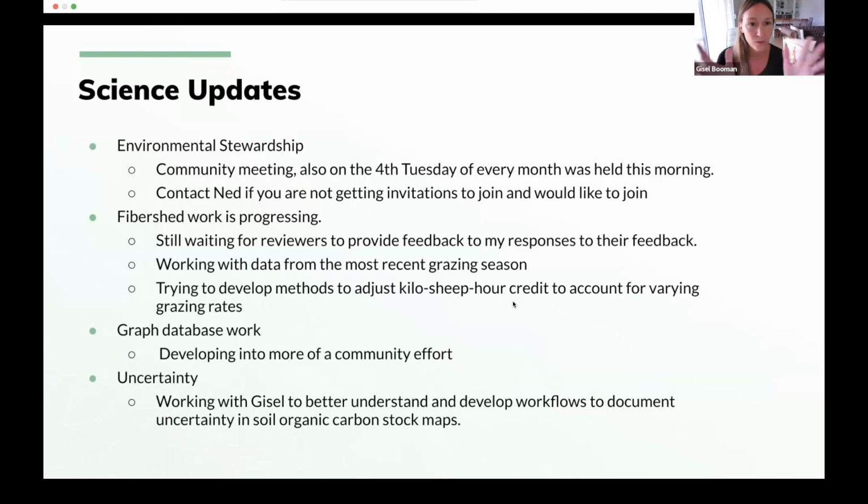So I'm trying to discover what's the best format for the different stakeholders that are involved. We have scientists, project developers, and methodology developers, and they all need to talk, and we need to find a middle ground for this to be useful.